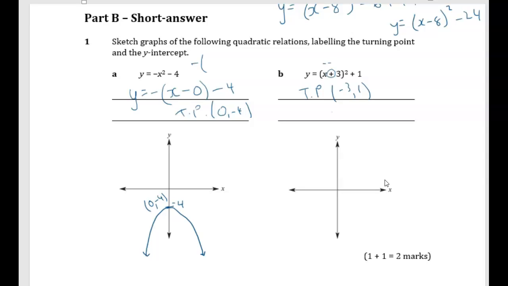So when x is equal to 0, y is equal to 0 plus 3 squared plus 1. So 3 squared is 9 plus 1 is 10. So your y-intercept is at, I'll just put 10 up there. The turning point is at negative 3, 1.